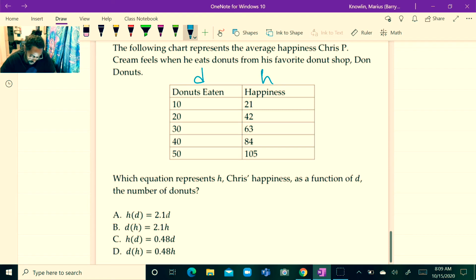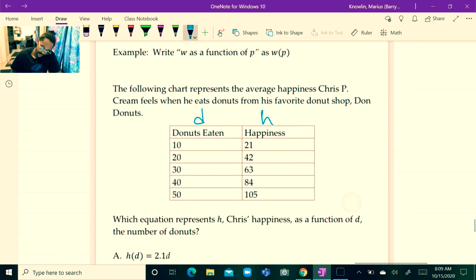And it says, write which equation represents H, Chris's happiness, as a function of D, the number of donuts. Well, if we go back up here, for the example, it says W as a function of P. Down here, we're writing H as a function of D. So this, we know it has to be H of D.